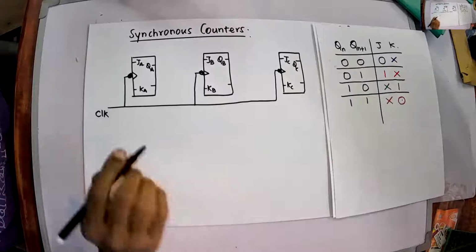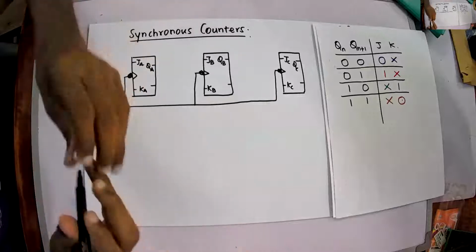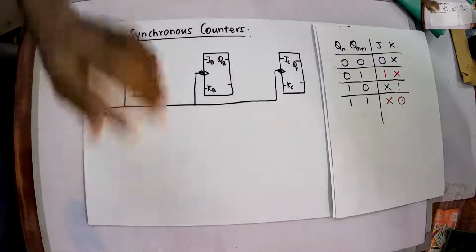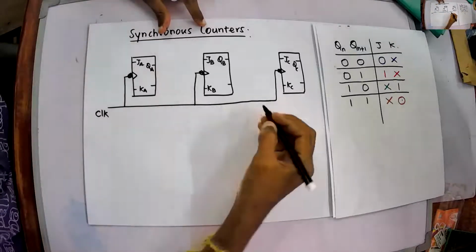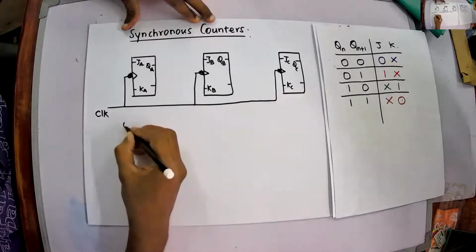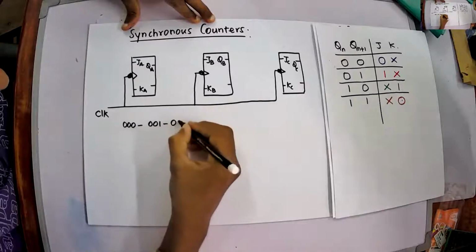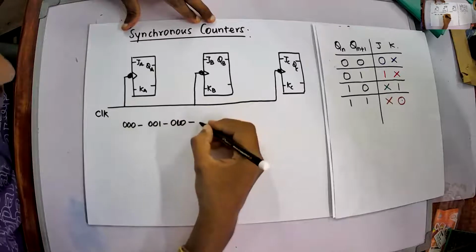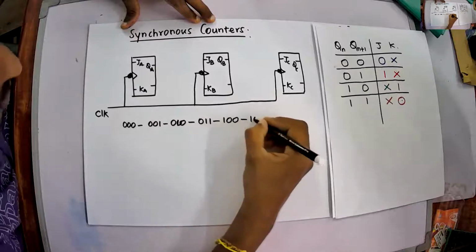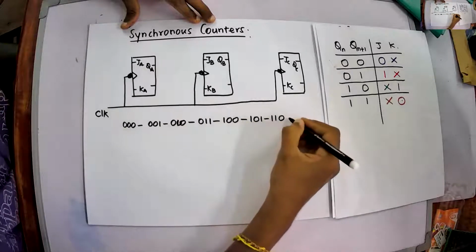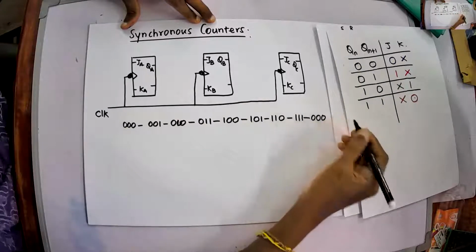Now if I want to design a 3-bit counter, for example, I'll consider it as a 3-bit up counter. So if it is a 3-bit up counter, the sequence these 3 flip-flops have to count is actually 0, 0, 0, then 0, 0, 1, then 0, 1, 0, 0, 1, 1, 1, 0, 0, 1, 0, 1, 1, 1, 0, 1, 1, 1, and then 0, 0, 0.